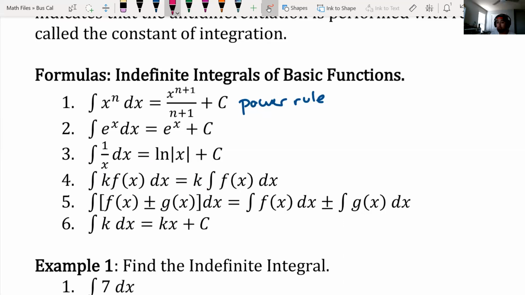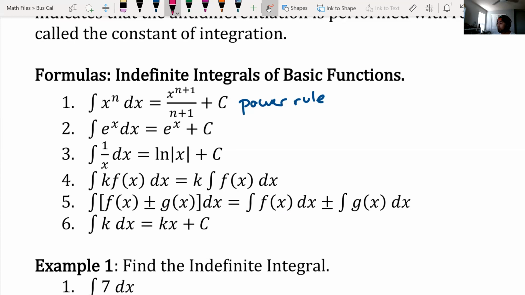Okay. 5, the integral of f of x plus or minus g of x with respect to x. All this says is, hey, if you have multiple terms inside your integral, then you can split it up into multiple integrals. It becomes the integral of f of x plus or minus the integral of g of x. And then 6, this is an important rule.